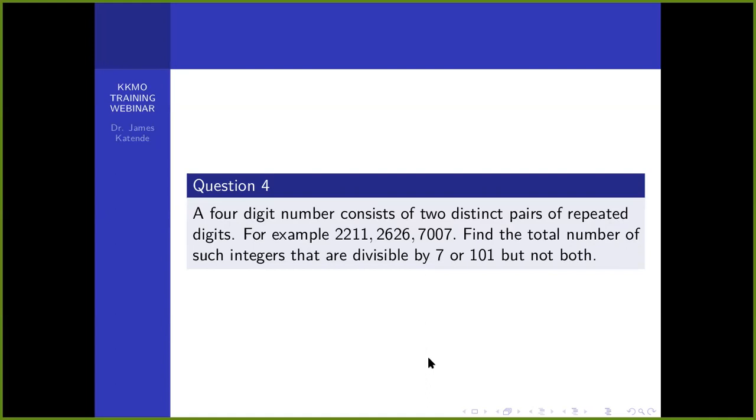The question is this: find the total number of such integers that are divisible by 7 or 101, but not both of them. Okay, so that's the task. We need to find all such numbers which are divisible by 7 or 101, but not both of them at the same time.